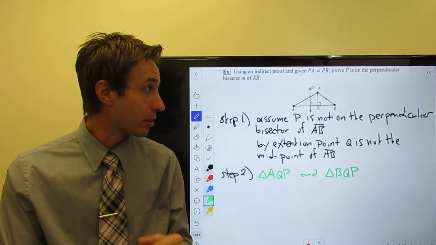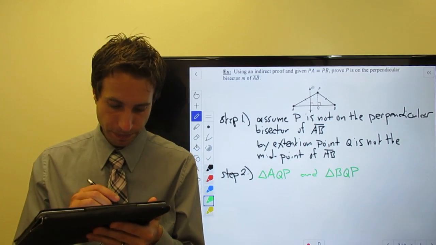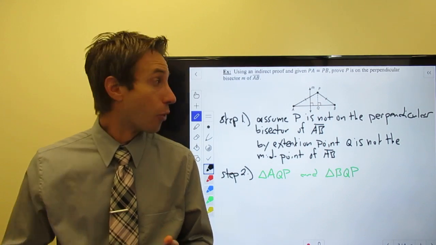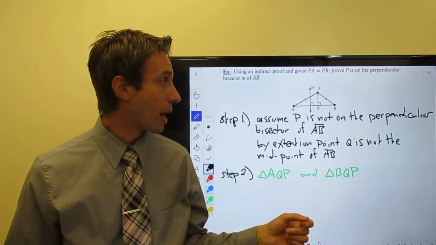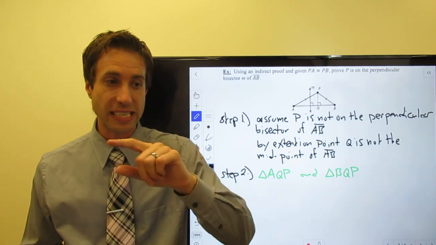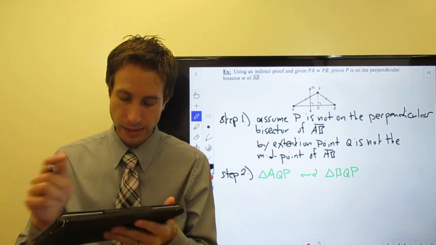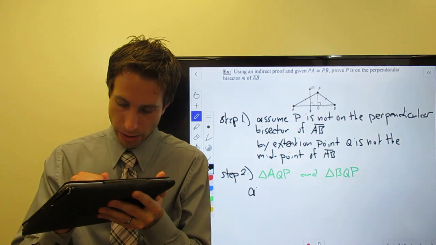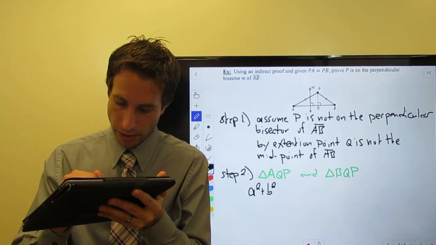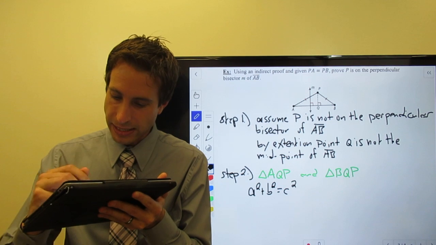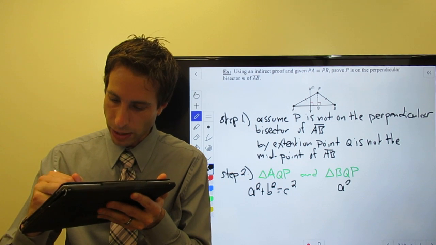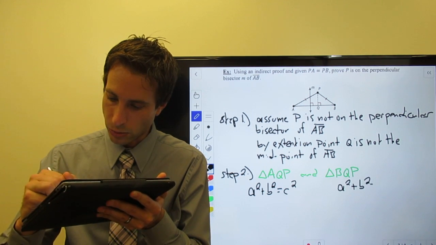So here we go. For this triangle AQP, the Pythagorean theorem is the square of the legs, so a squared plus b squared is equal to c squared. Same thing for this triangle, a squared plus b squared is equal to c squared.